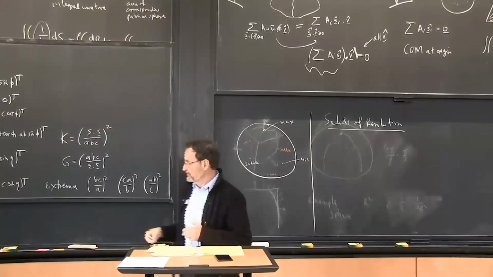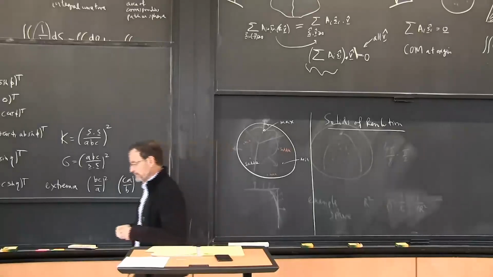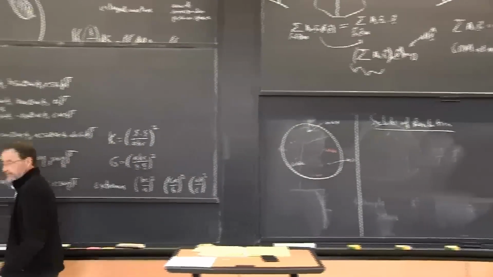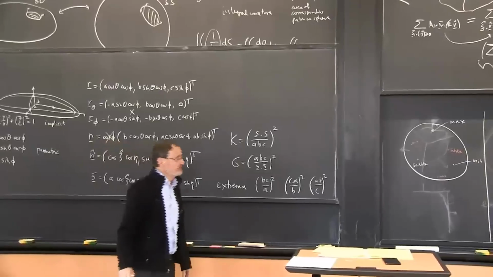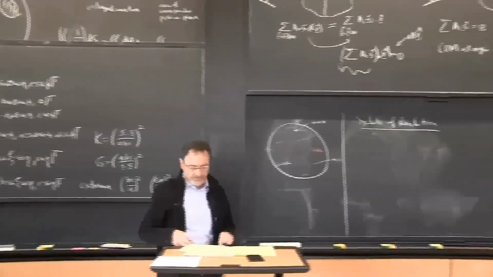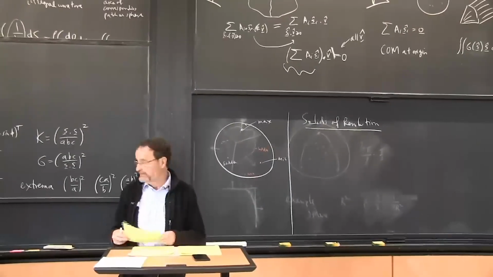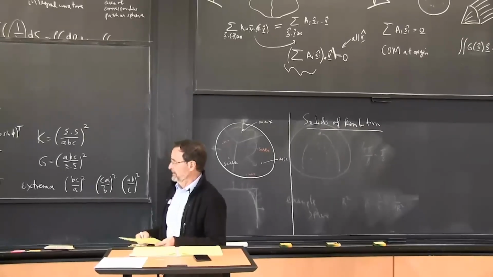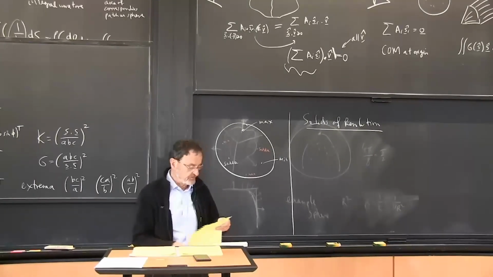And solids of revolution, of course, include cylinders and cones and spheres and hyperboloids of one sheet, hyperboloids of two sheets, assuming the parameters are chosen appropriately.